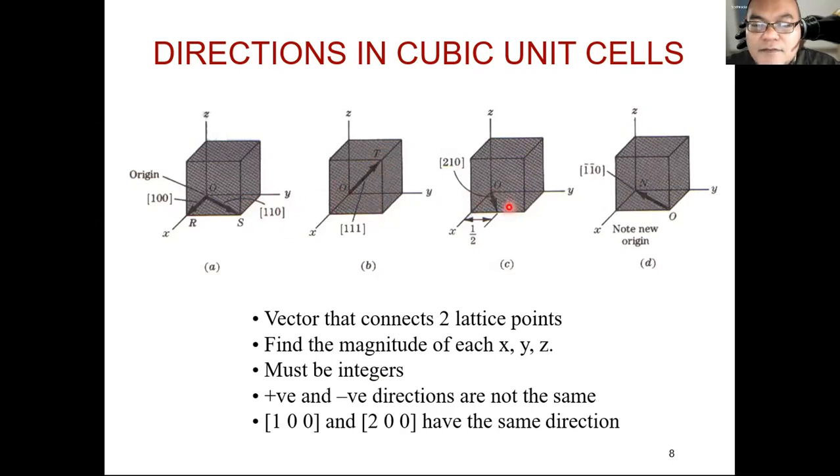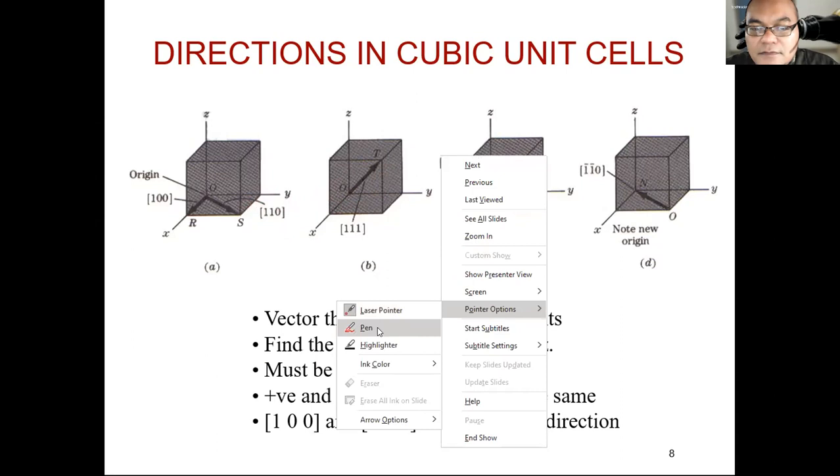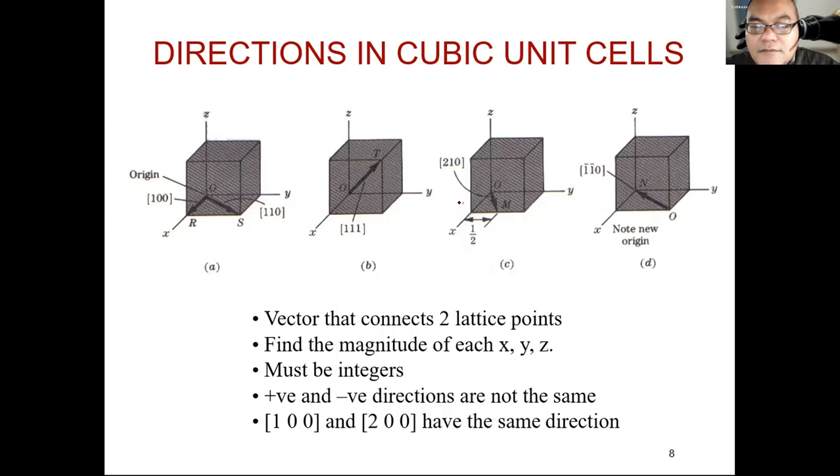From O to M here, X is 1. Let's try to solve it. X here is 1, this is half, and Y and Z are 0. So 1, half, and 0. The direction should be integers, so we have to multiply by 2. This becomes 2, 1, and 0. Then we enclose in square brackets.